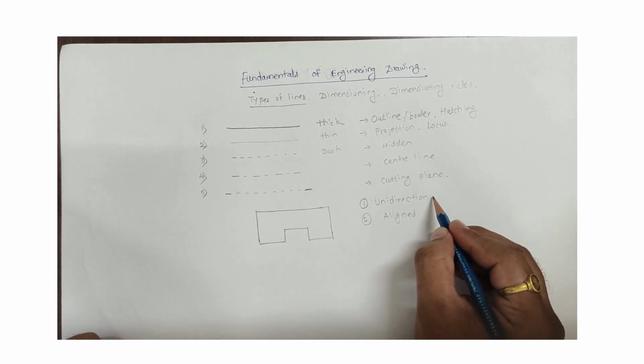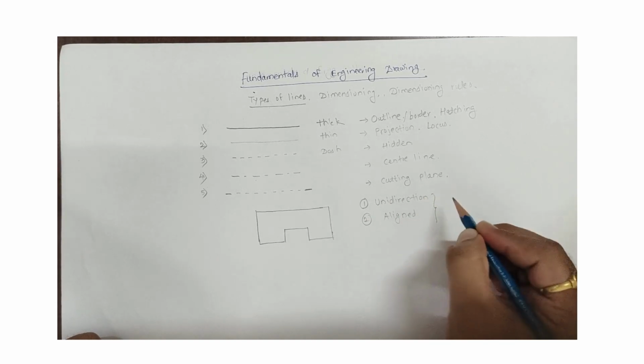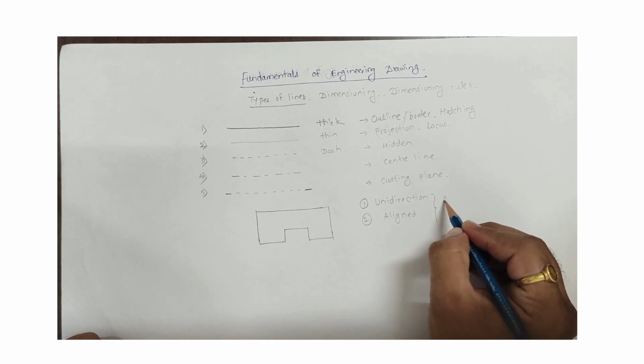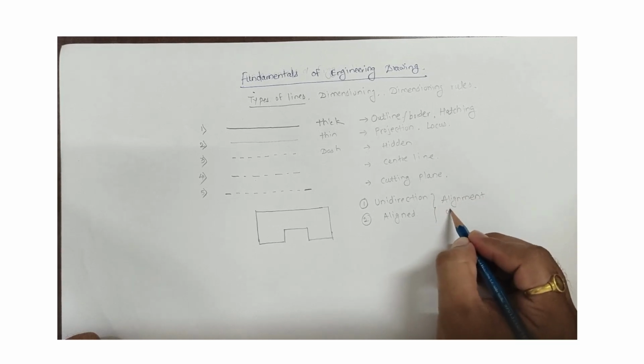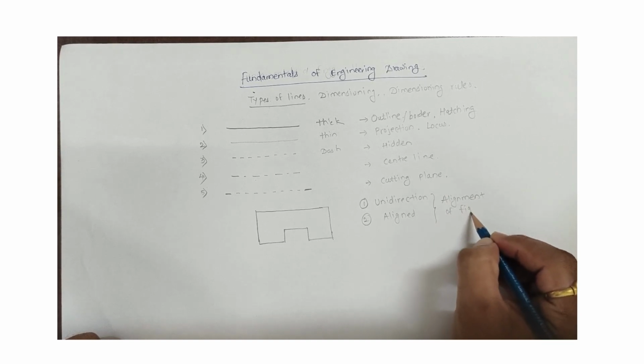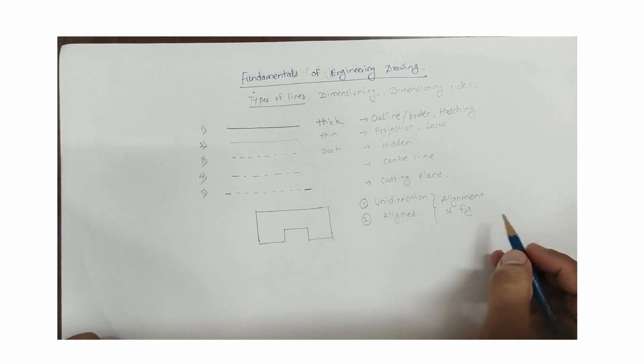That means this type of dimensioning is as per the orientation or alignment of the figure which we are going to show in a dimension line. Okay.